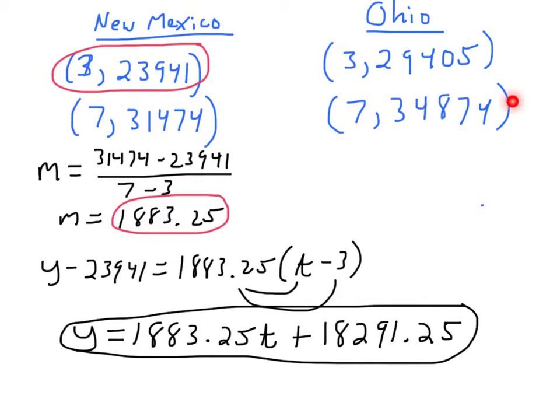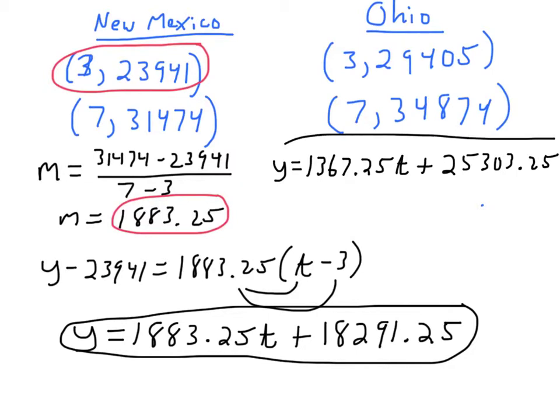So that came out to be y equals 1367.25t plus 25,303.25. You could try that as an exercise and see if your answer matches the one I've got.